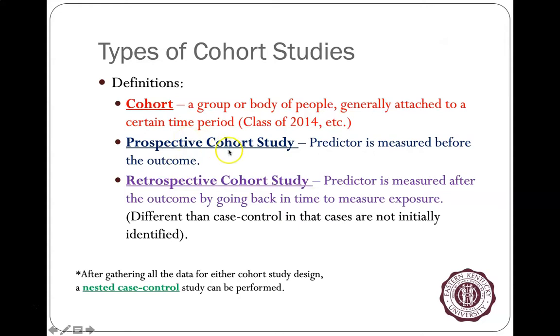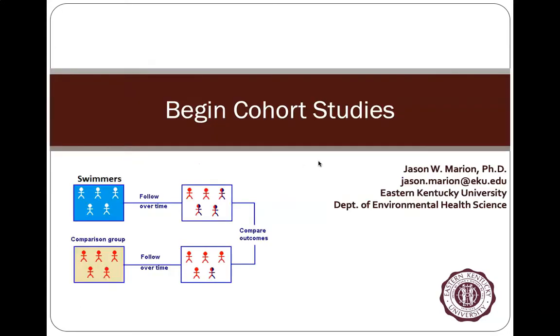A prospective cohort study is one where the predictor is measured before the outcome. So you know in advance what you want to do. In this case, you knew in advance that you wanted to study swimmers and then a comparison group.